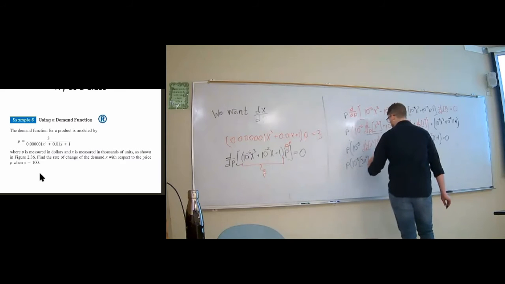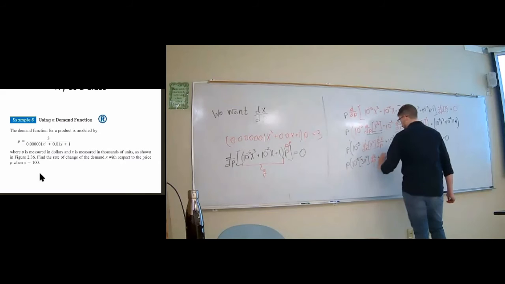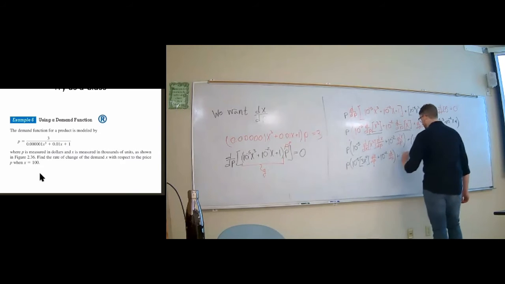dx/dp plus 10 to the negative second dx/dp plus this crazy polynomial, which we're actually just going to go ahead and subtract from both sides.